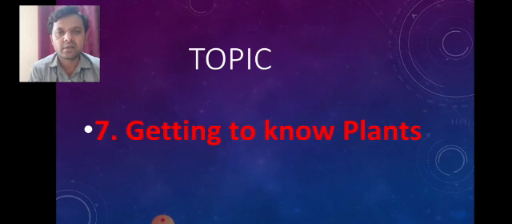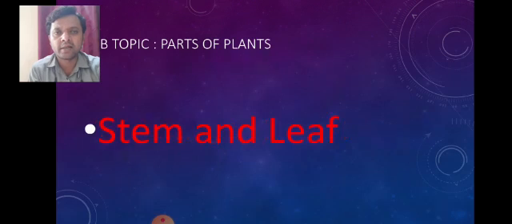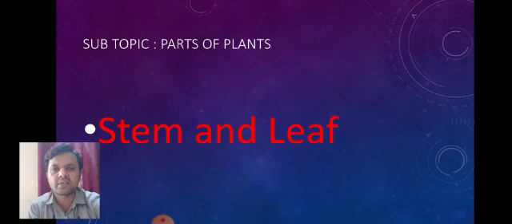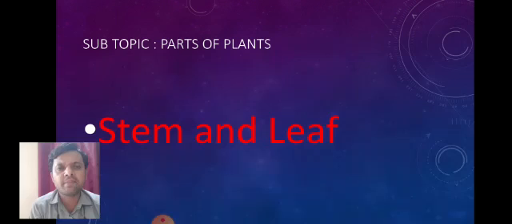Today we will be discussing getting to know plants, and the subtopic is parts of plants. There are many parts of the plants, as you all know, but in today's video we will be discussing only two main parts, that are stem and leaf.